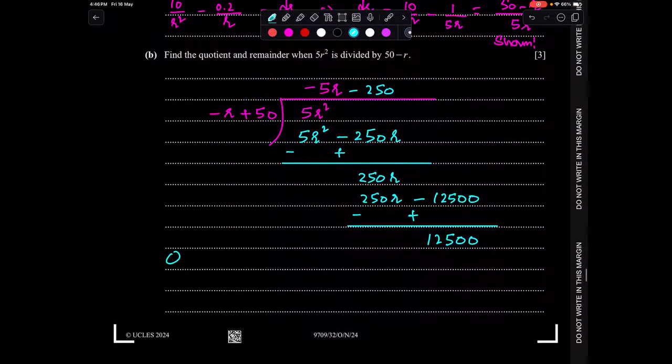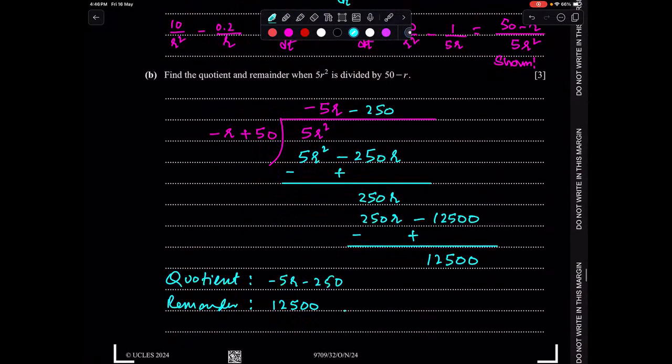So the quotient is minus 5r minus 250. And the remainder is 12500. That's it. This was part B of this question.